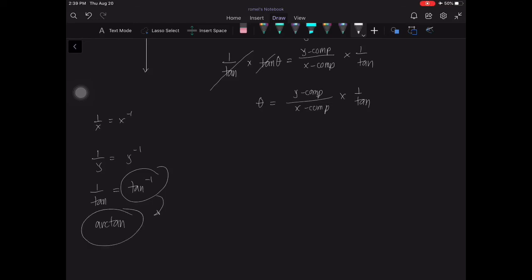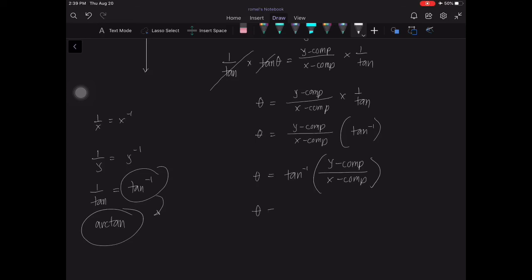So our formula now would be theta is equal to y component over the x component multiplied by tan negative 1, or arc tan. To make it more formal, we write arc tan multiplied by y component divided by the x component.